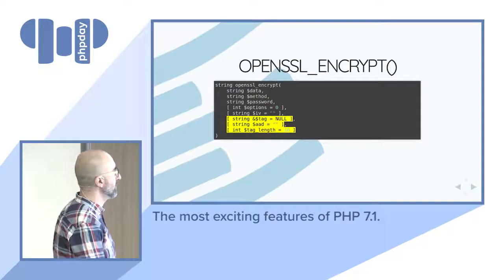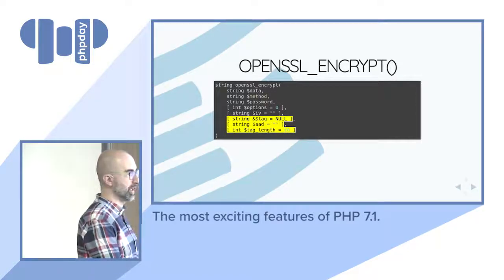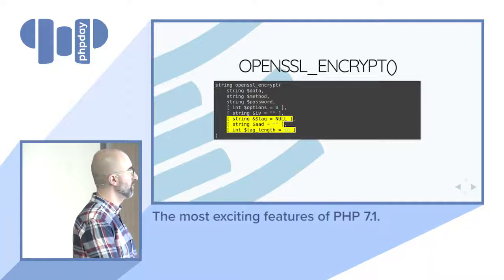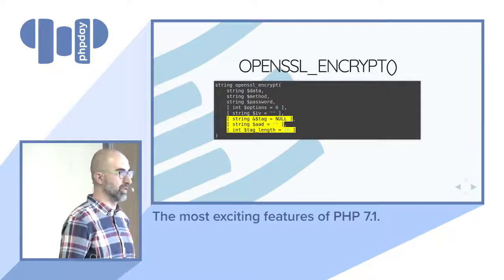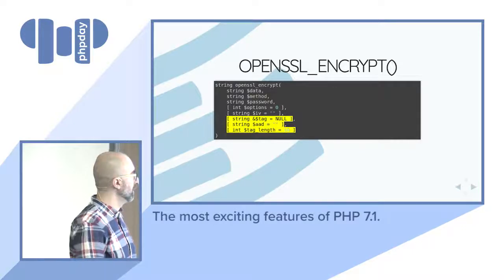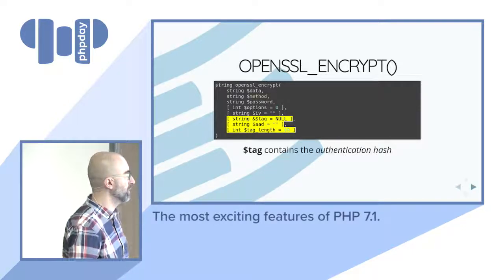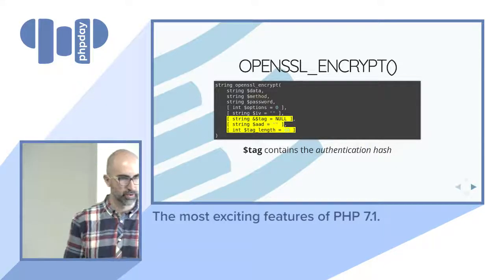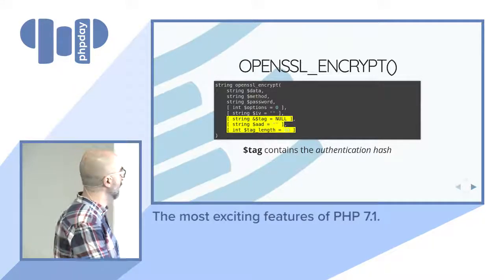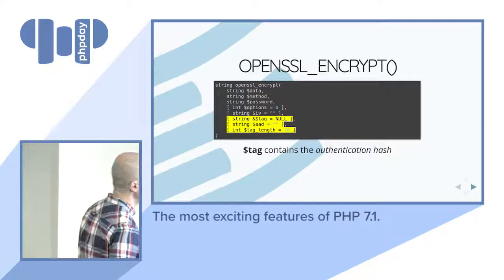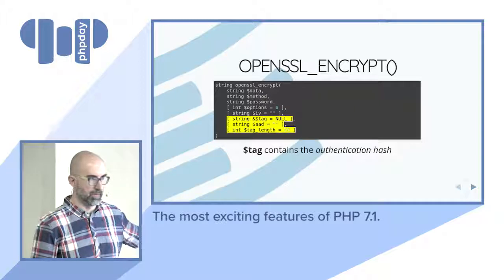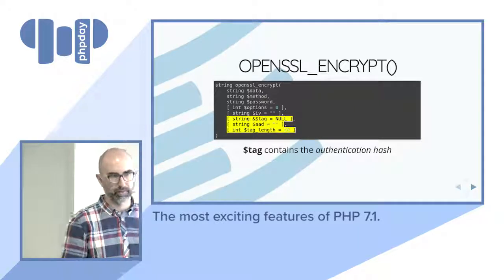The first is passed by reference, is a tag. So basically, that means that this will be also the return of the function. Tag is the authenticated hash. So it's the part that gives you the authentication of the encryption. And there are other 2 optional parameters. I don't want to spend time on this. Again, if you are interested, you can check out my article online, because it's quite long.